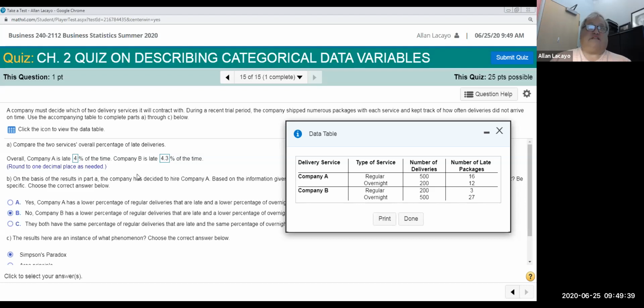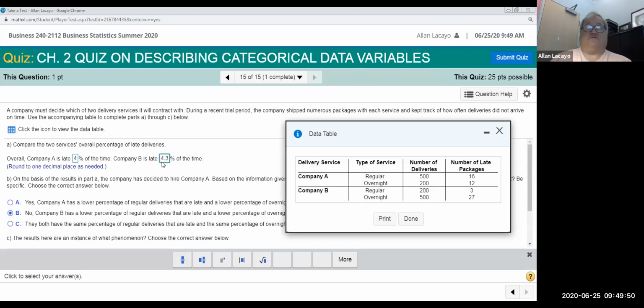Whereas for Company B, you have a total of 30 late deliveries out of 700, and 30 is more than 28. 30 is 4.3% at the time.